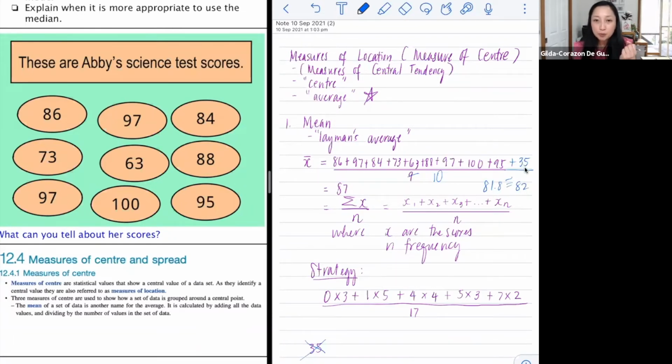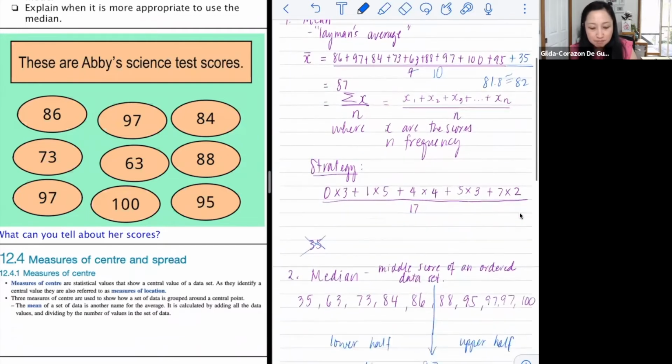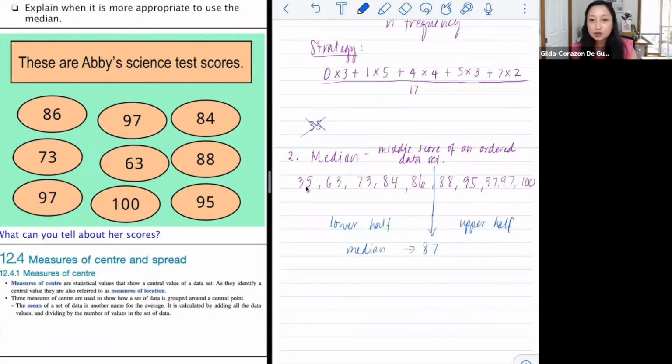That score pulled her average down. But with the median, it ignores those really low and really high scores, because we know her scores are pretty consistent here. That 35 was an unlucky day. She wasn't feeling well, okay?